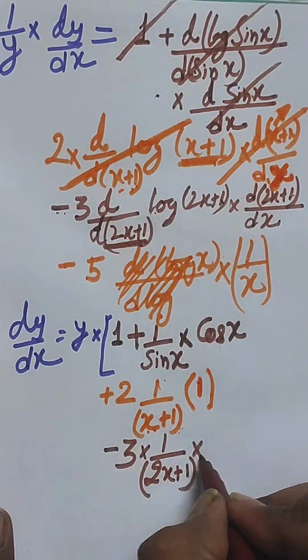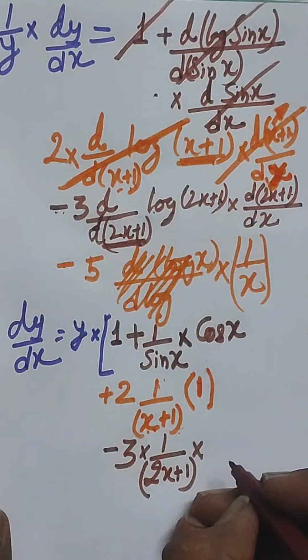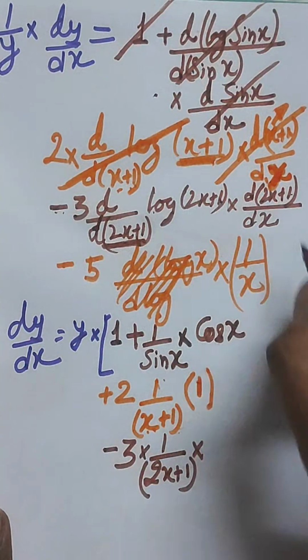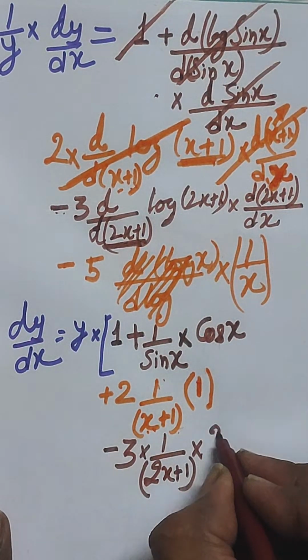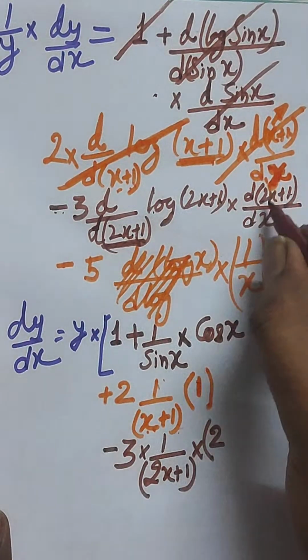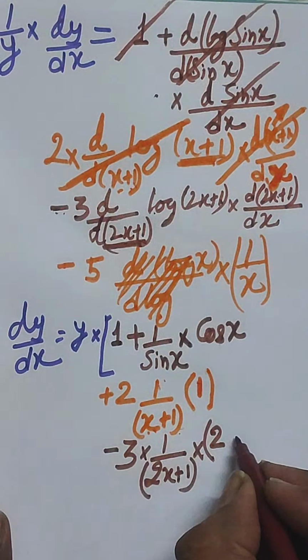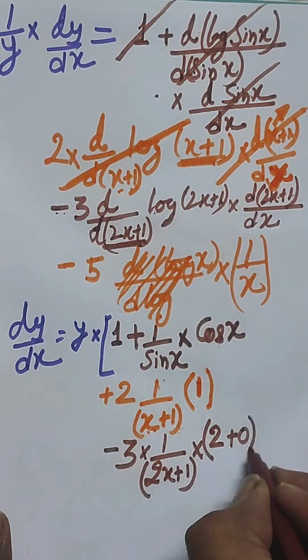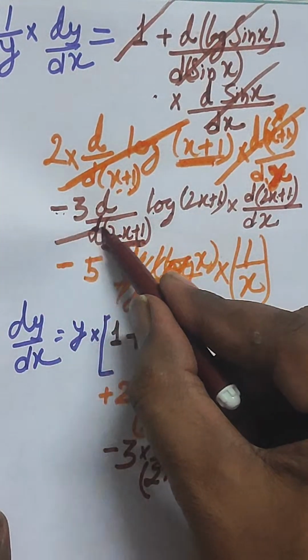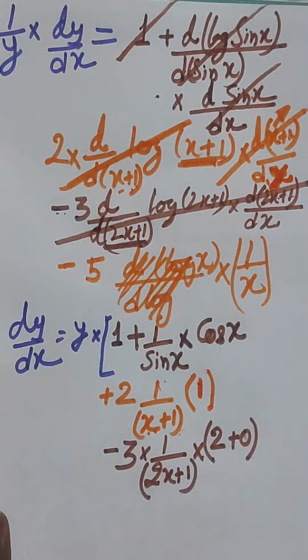Multiplied with d by dx of 2x plus 1. So differentiation of 2x, 2 will come out of the differentiation, and dx by dx will be 1, and for the other term it's 0. So in this way we have taken care of all this, right?